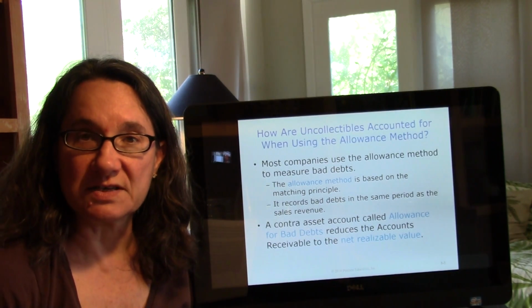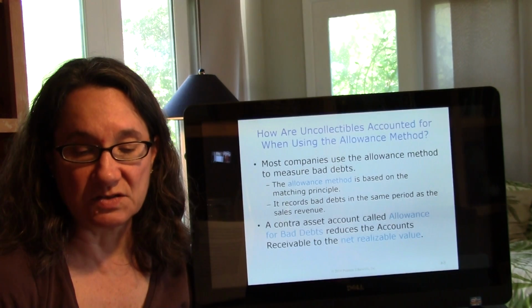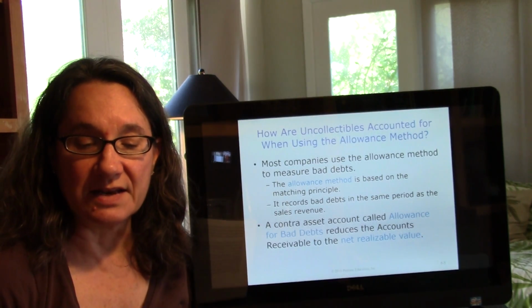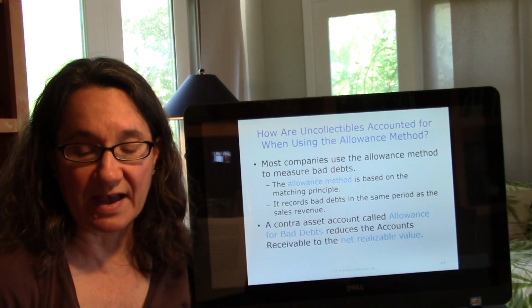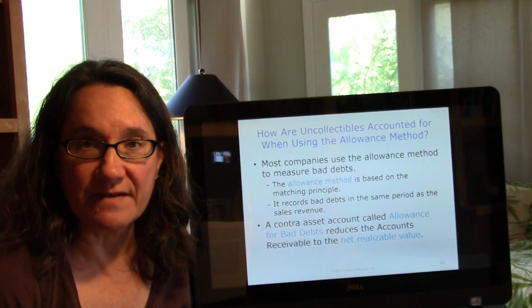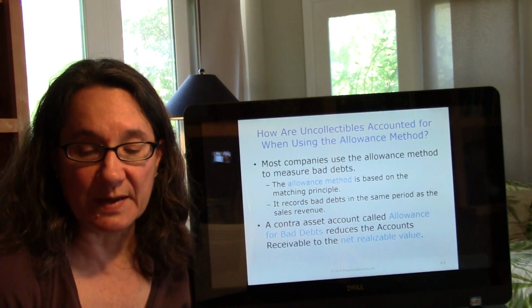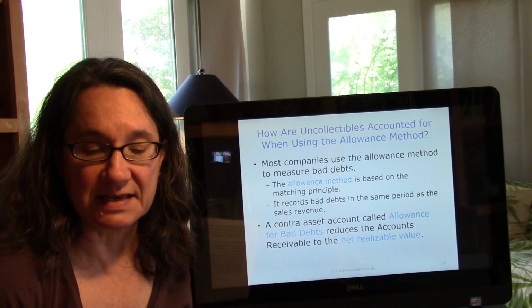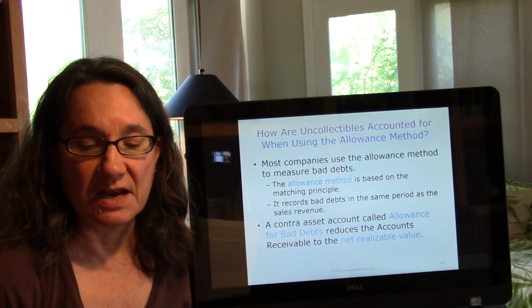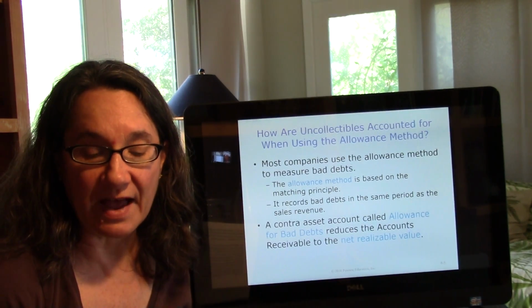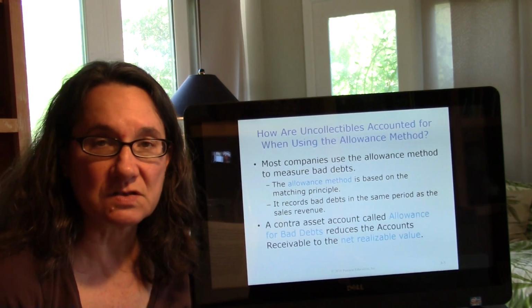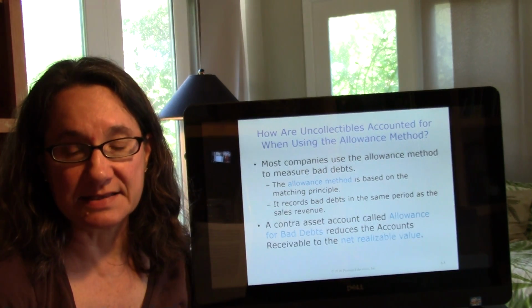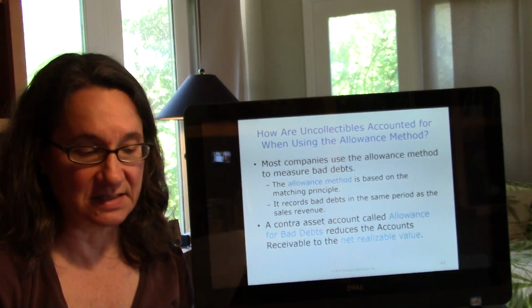The allowance reduces the asset accounts receivable. The net realizable value is the net value a company expects to collect from its accounts receivable. Net realizable value is accounts receivable less allowance for bad debts.